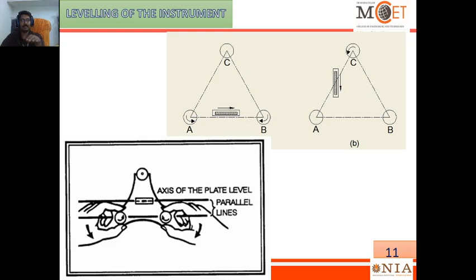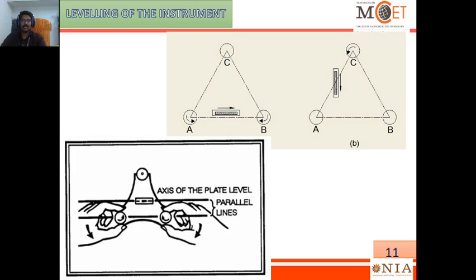At this time itself, sometimes you get the bubble at center, may not be. If it is not, make 2 foot screws parallel to this bubble tube. You have to rotate both the foot screws inward, like the arrow shown here, both in the inner direction, right, until the bubble gets into the center.